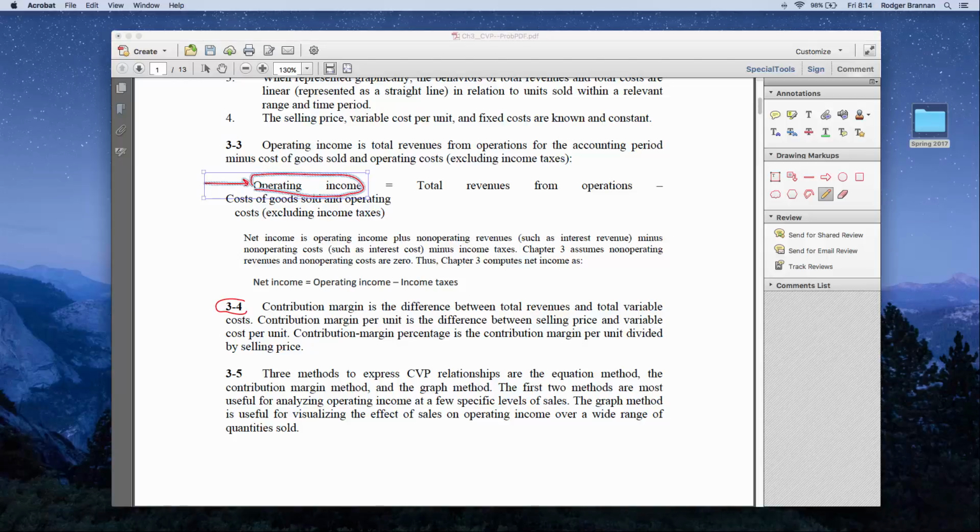Contribution margin is what's left over after you've paid for all your variable costs. Likewise, you can view contribution margin as what is available, number one, to pay off fixed cost. And then, once the fixed costs are paid for, so to speak, contribution margin is basically equal to profit.